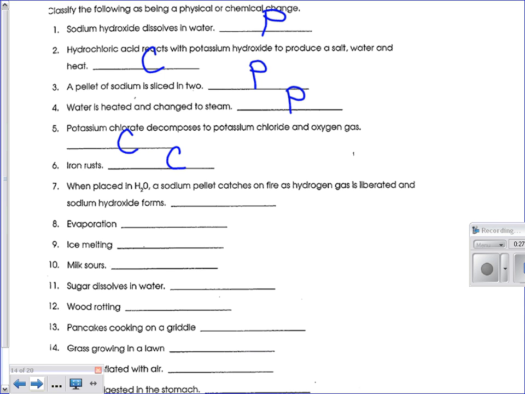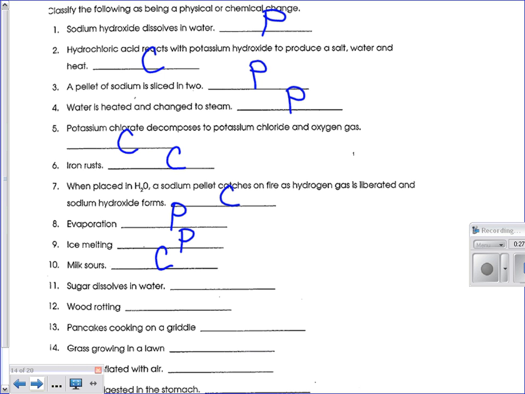Okay, so H2O, sodium pellet, catches fire, hydrogen gas, all this stuff. Chemical. Evaporation. Ice melting. Milk sours. Chemical. I've got this huge phobia towards rotten dairy products, and this just sounds so nasty to me. You guys know that a chemical process has taken place. It's a very different substance than when it first started, right?